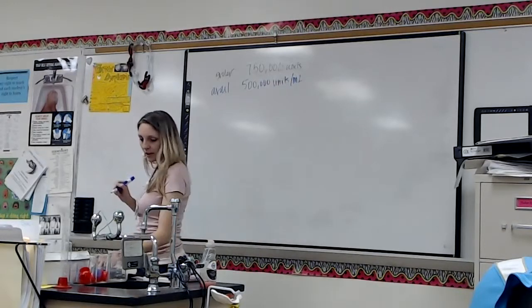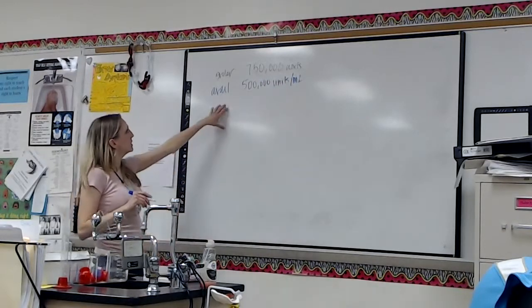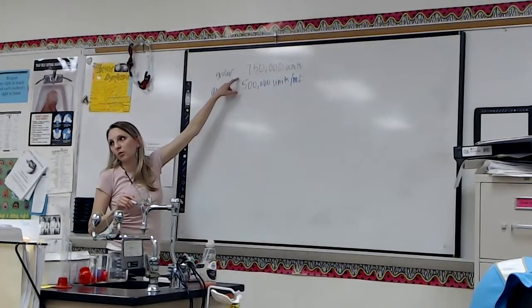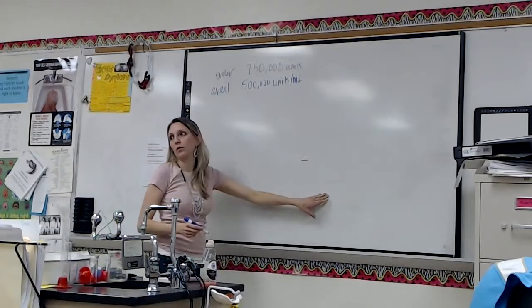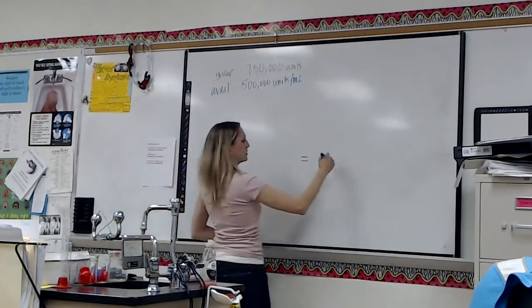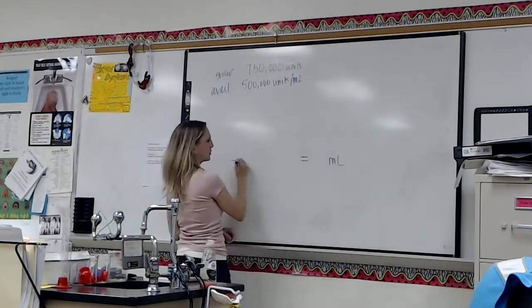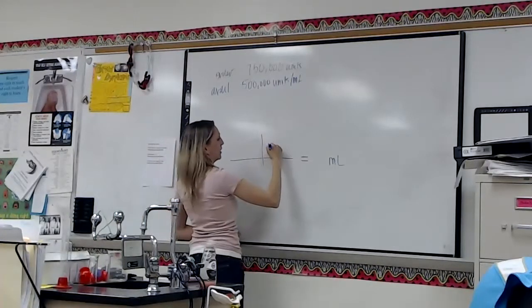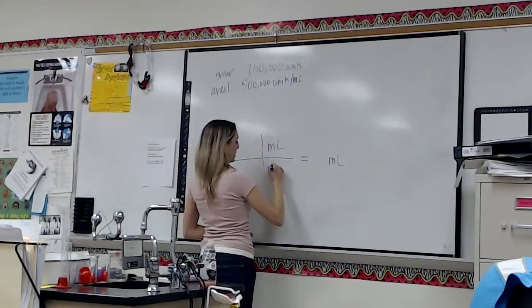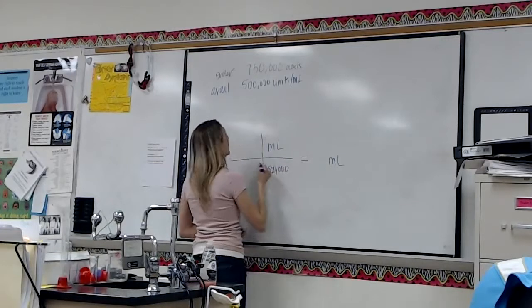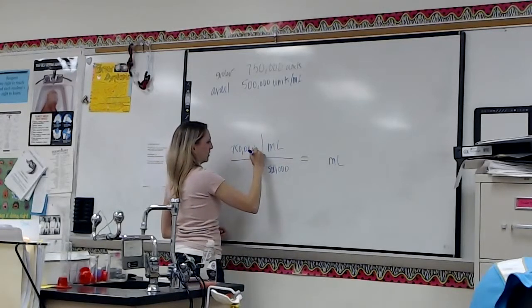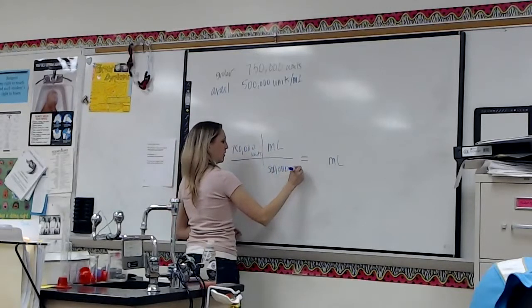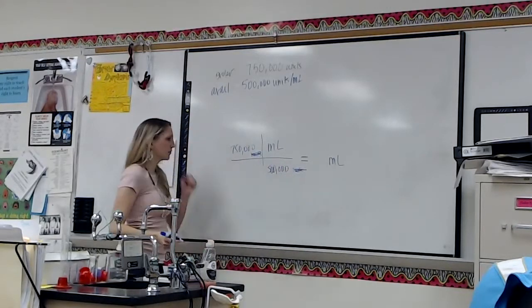So now we need to know what volume we add. This is our order, and we want to know the volume in milliliters. Then just do your dimensional analysis like we have been. Every milliliter we have 500,000 units, and our order is for 750,000 units. So what are you going to get?